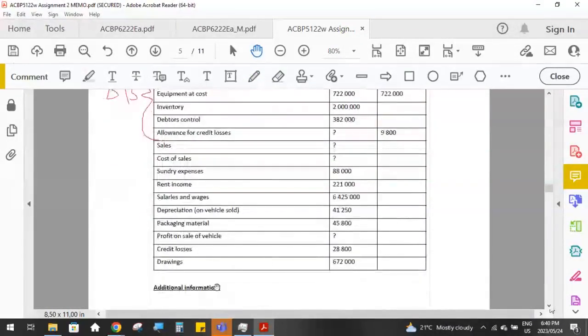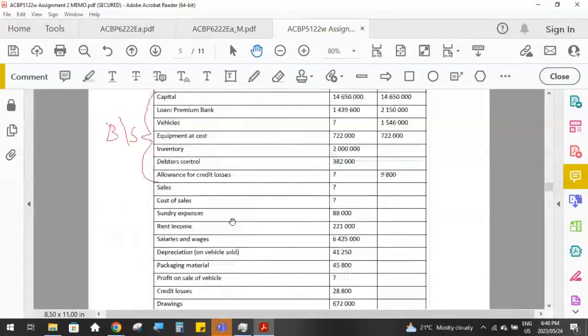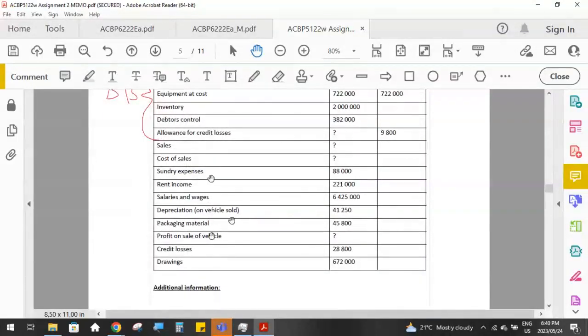Okay, and then from here: sales, cost of sales, sundry expenses, rent income, salaries and wages, which is an expense, depreciation, which is an expense. So you see here we've got packaging material, which is a consumable, so that's an expense.